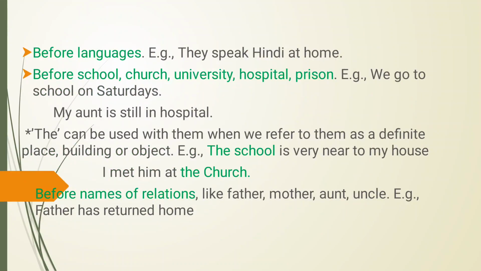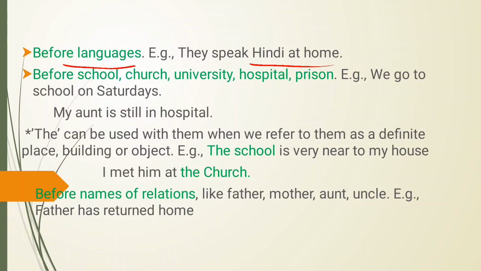Now, we do not use articles before languages. Whenever we want to talk about a language, we are not going to use an article. They speak Hindi at home. Hindi is a language, and that is why we will not use any article here.